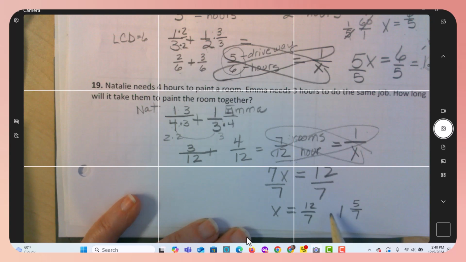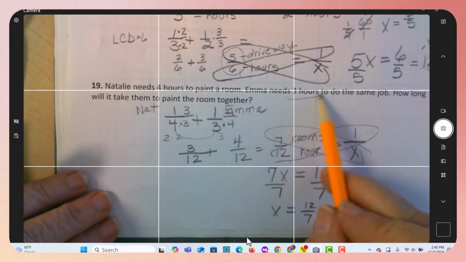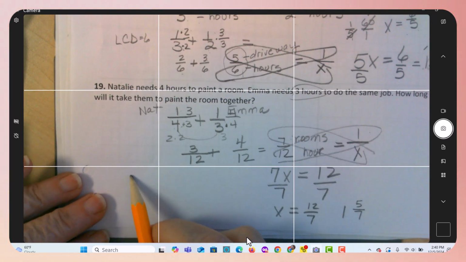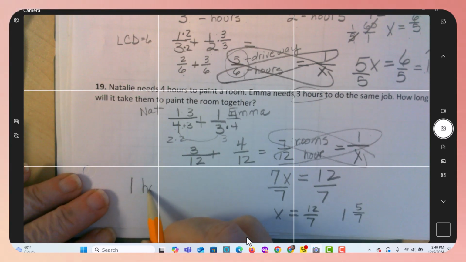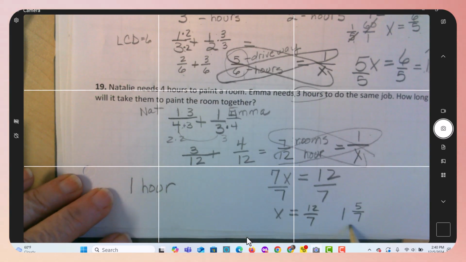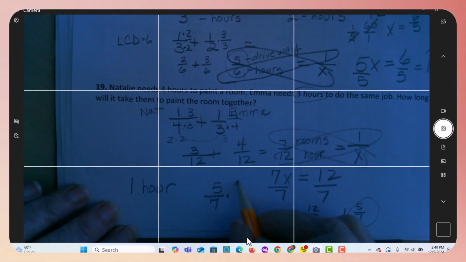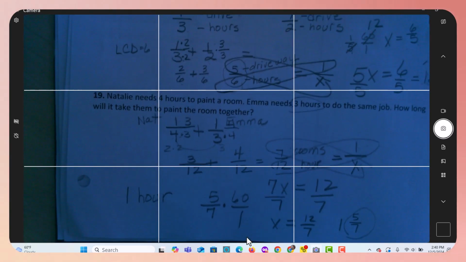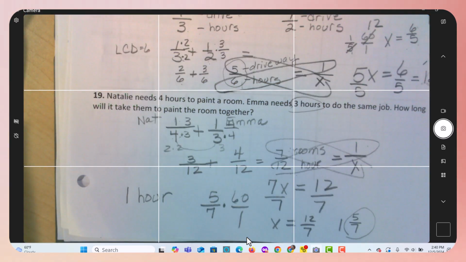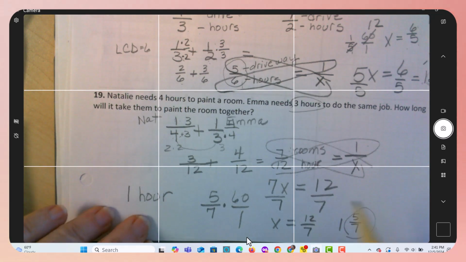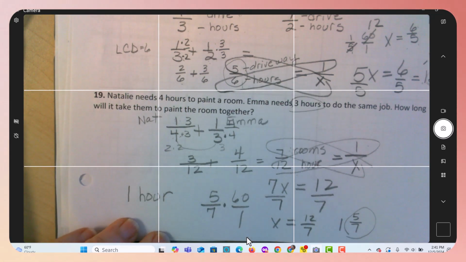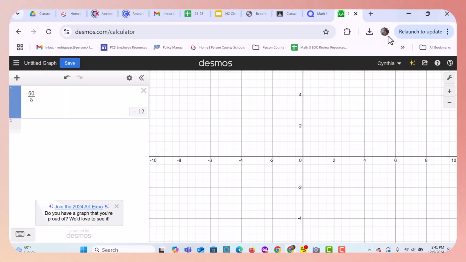Okay? All right, now same thing. We're still working with hours. So we've got 1 hour. We need to know how many minutes we have. So 5/7 times 60 over 1. And you can do that on your calculator. Let me go ahead and minimize this. 5/7 times 60.